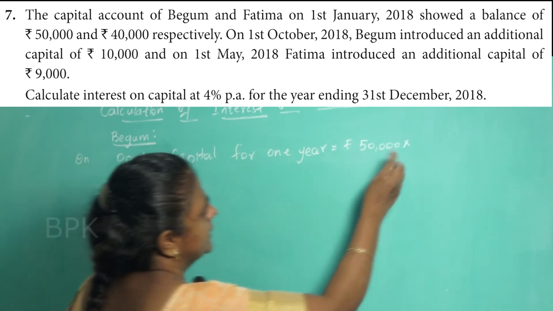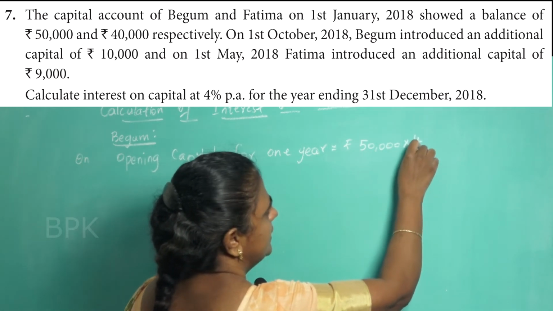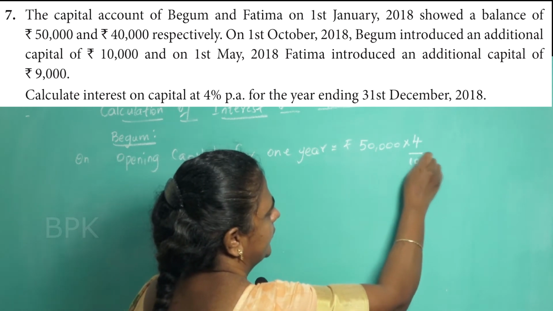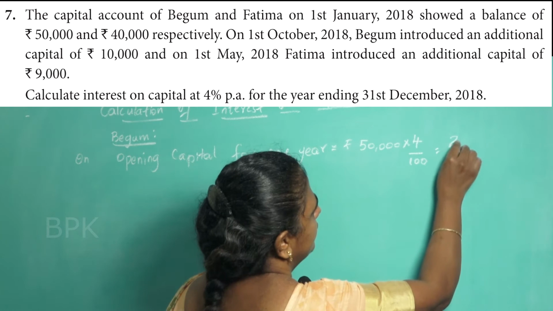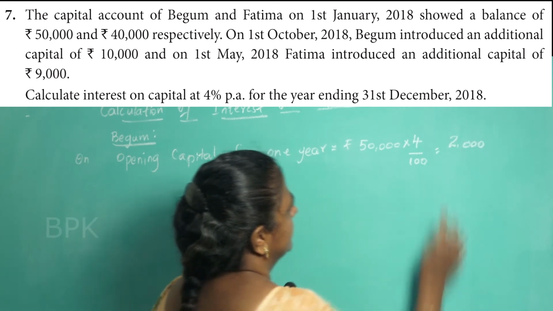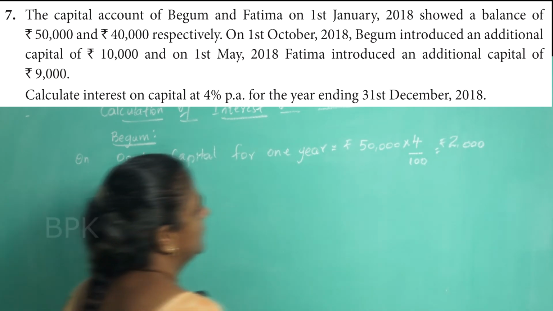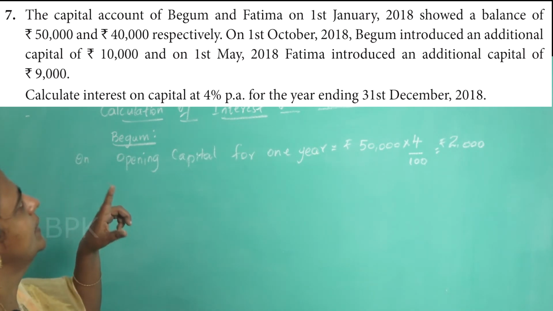What is the rate of interest? 4%. 4% means 4 by 100. So that will give you rupees 2,000.